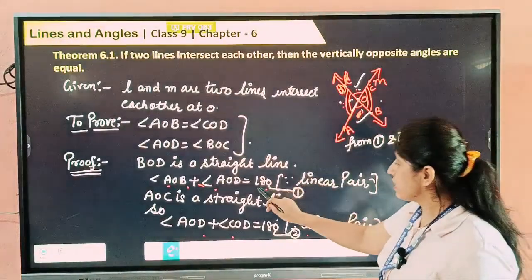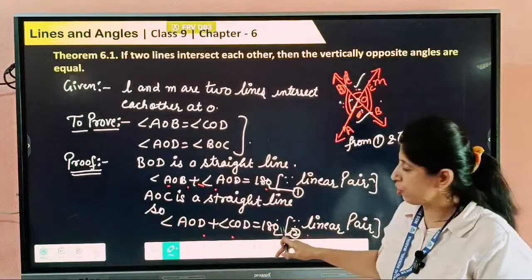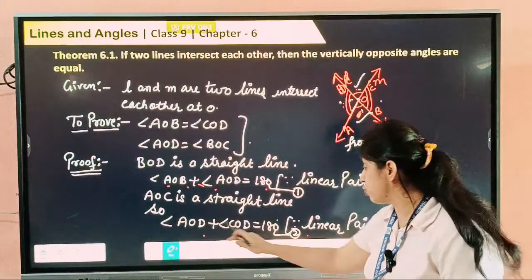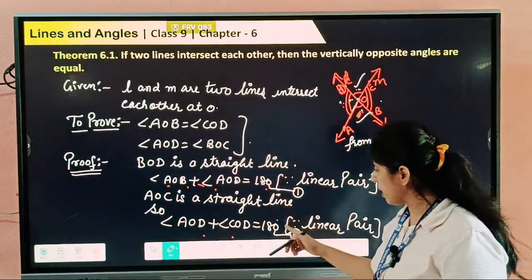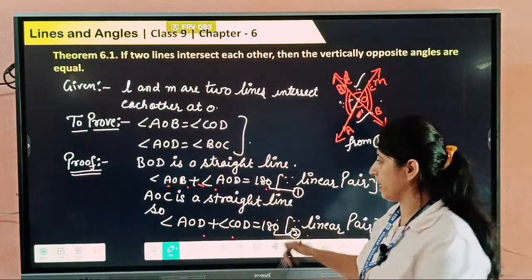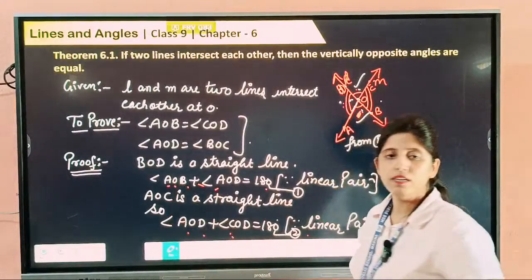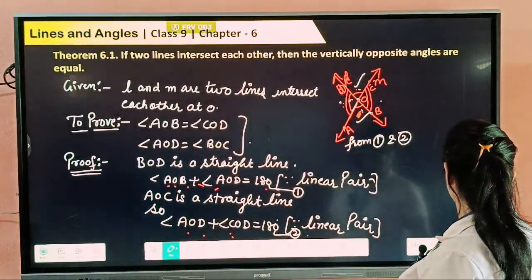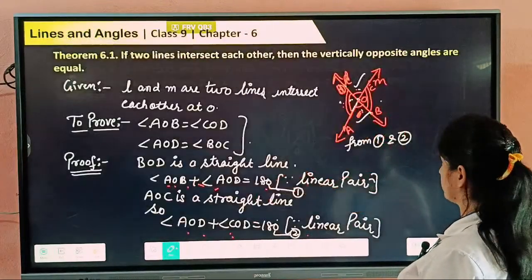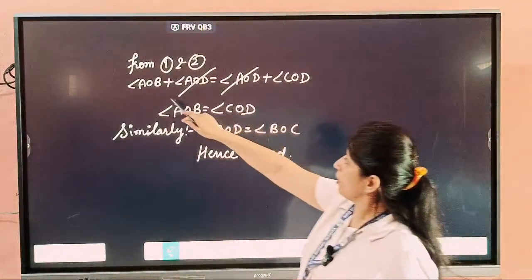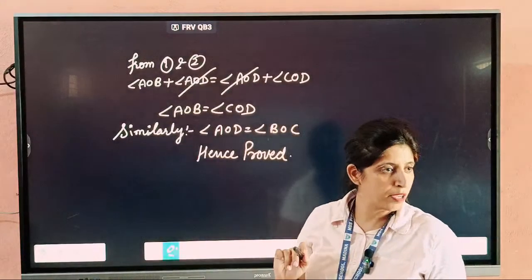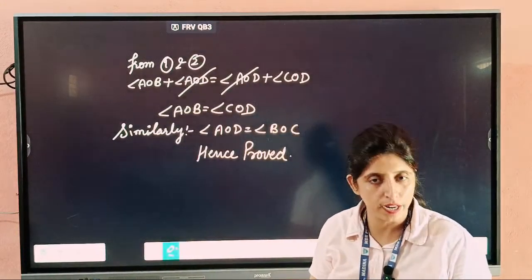Okay, so this is equation 1 and this is equation 2. Now this total sum is 180 and these two angles' sum is also 180, so both are equal to 180. It means from 1 and 2 we can take this side and this side, both are equal, right? Angle AOB plus angle AOD and angle AOD plus COD both will be equal because both equations are equal to 180 degrees.